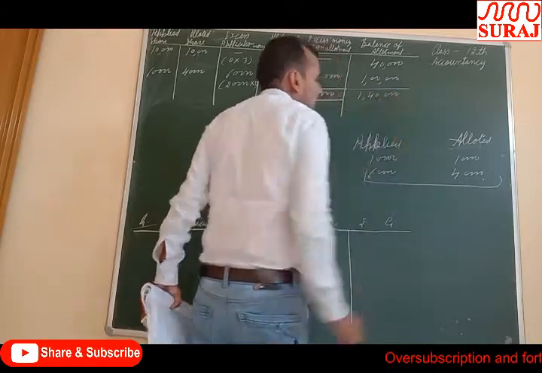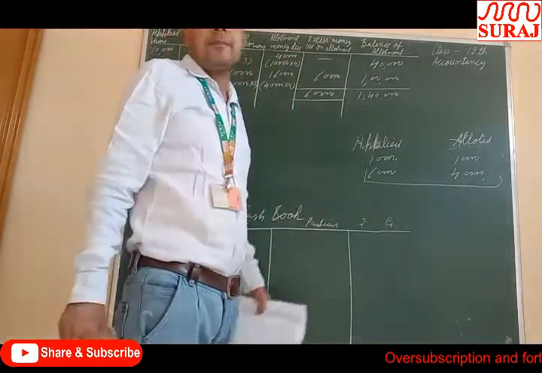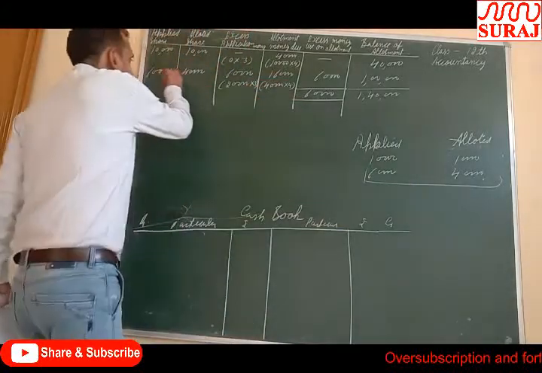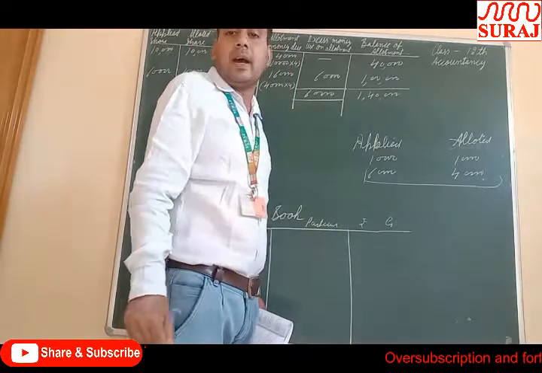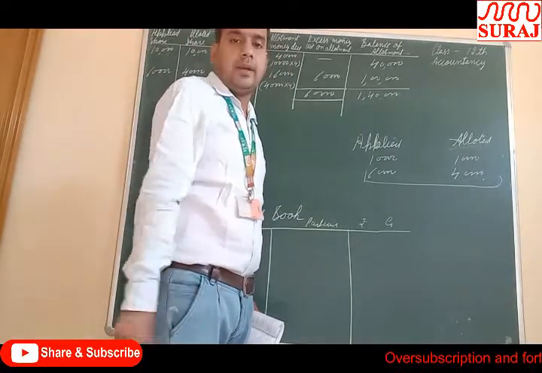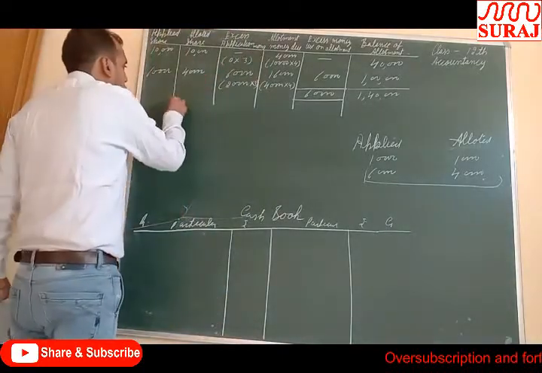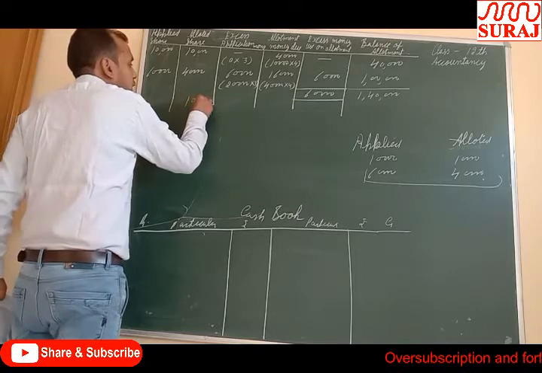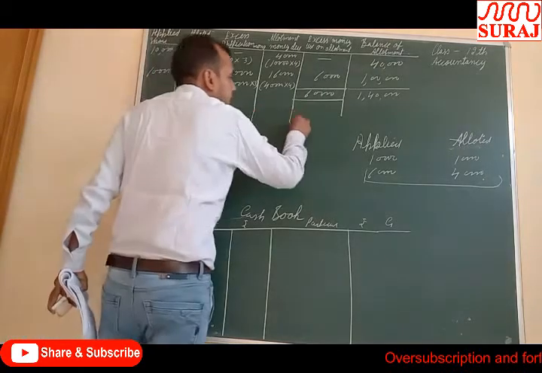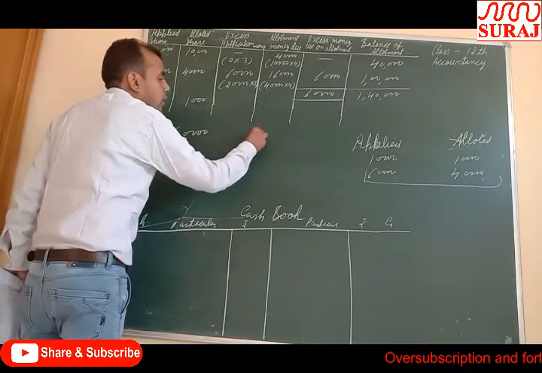One shareholder who was allotted 1,000 shares failed to pay allotment and call money. Then first of all we will calculate what amount will not be paid by the defaulting shareholder for allotment. Allotted 1,000. First of all, for the table we will calculate applied. 60,000 shares applied, allotted 40,000.